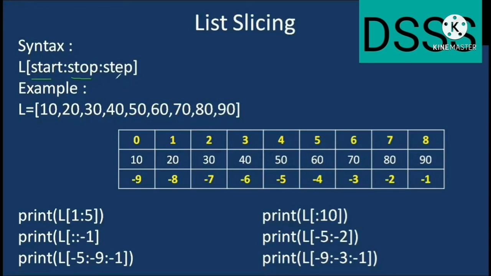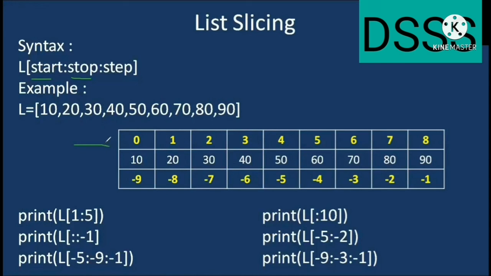Okay, now let us look at this example. Print L1 1:5. Okay, which means start at index 1 and go for 5. Okay, but it will go only up to 4. Suppose we start from 1, we get 20.